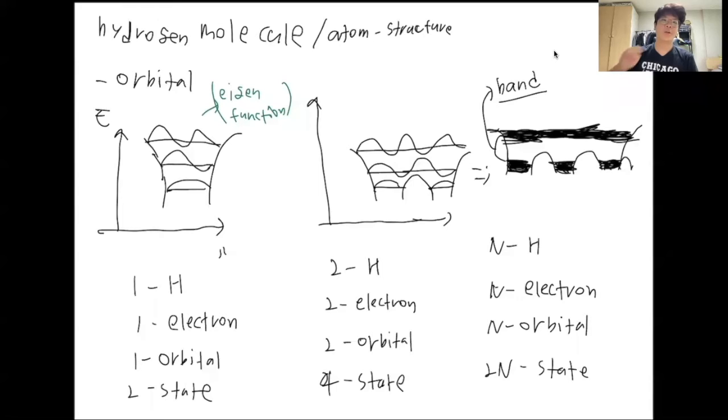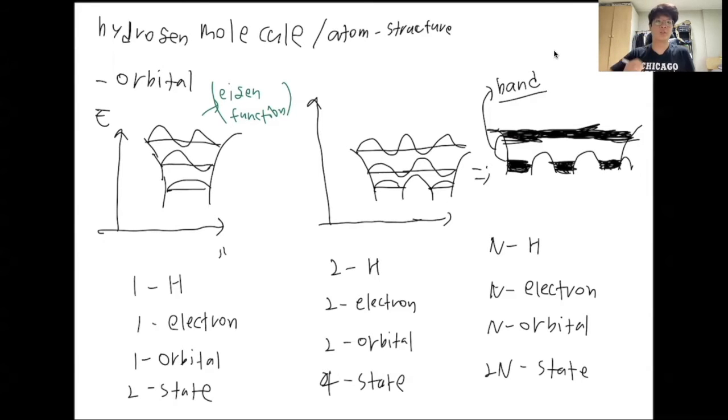To understand the mechanism in semiconductors, we have to look at the atom structure. First of all, the electrons are orbiting near the atom nucleus. So if there is one hydrogen atom, there is one electron. Also, there is one orbital, and electrons can exist in two states.